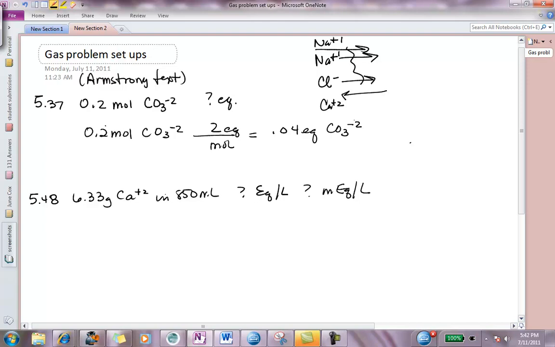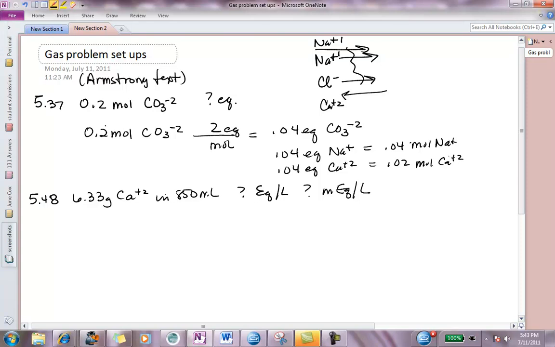And that means that to match up with that, you would have to have 0.04 equivalents of sodium ions, which is the same as 0.04 moles of sodium, or 0.04 equivalents of calcium plus 2, which is the same as 0.02 moles of calcium plus 2, because each calcium has 2 equivalents with it.